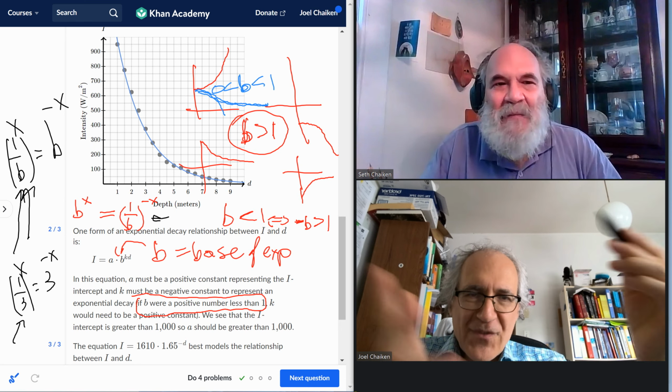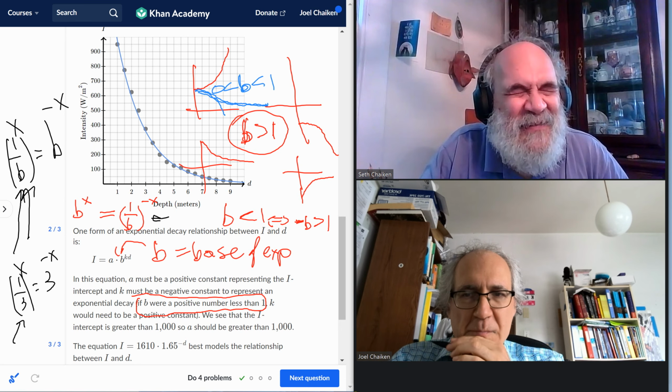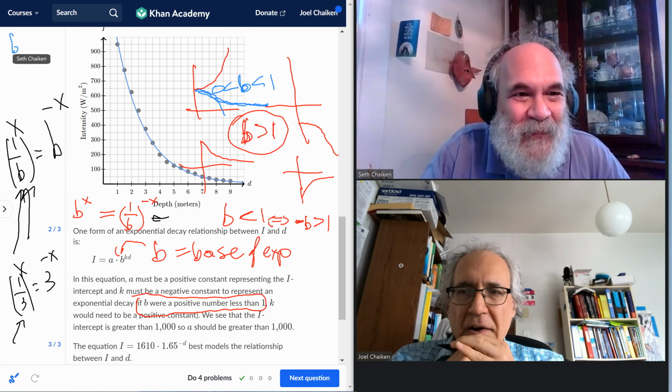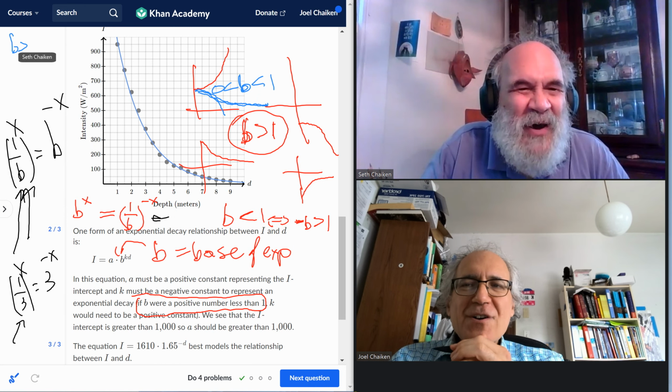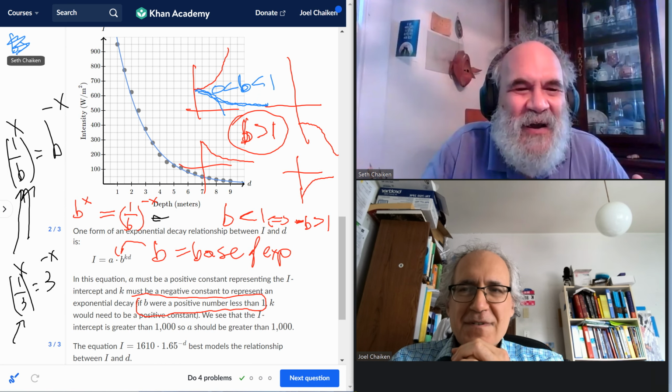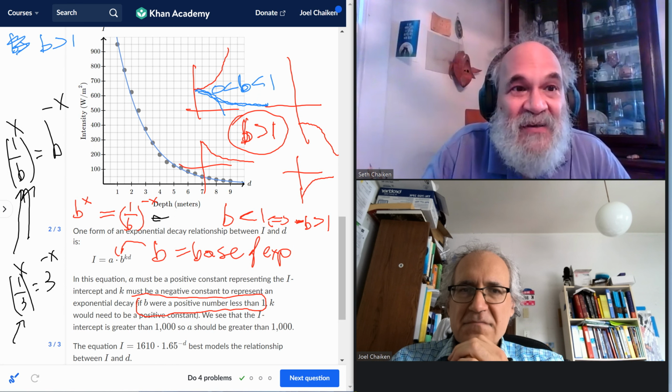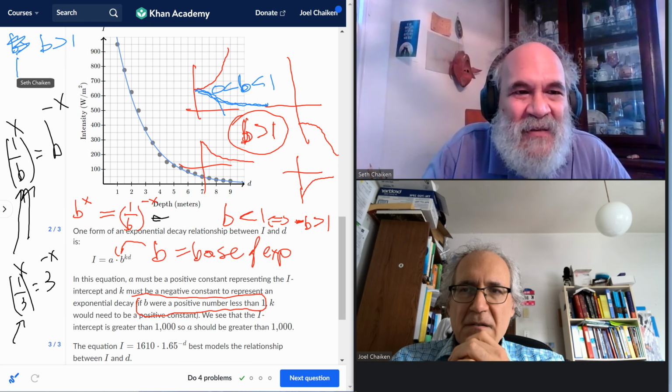Okay, so how do you remember? What's the sense of this? Forget positive B. For B greater than 1, B is the base, we have 1 plus something extra.